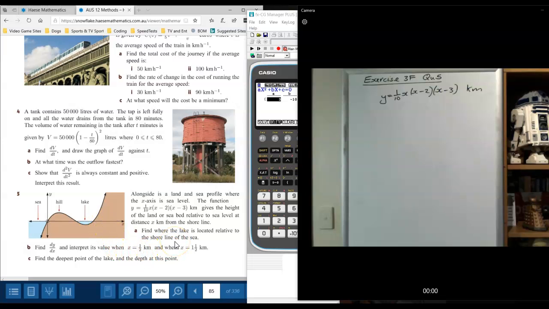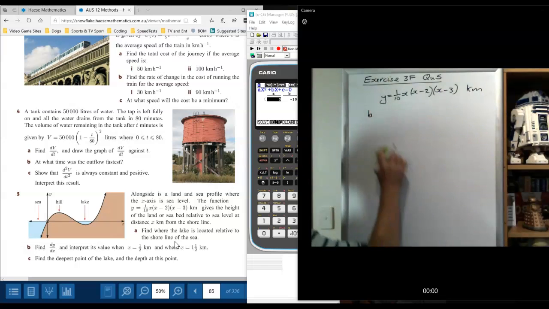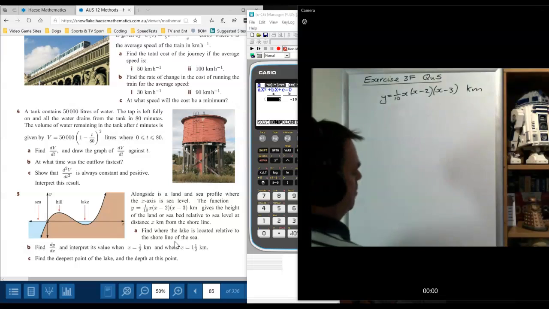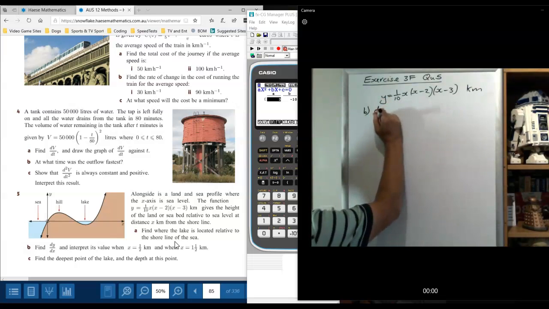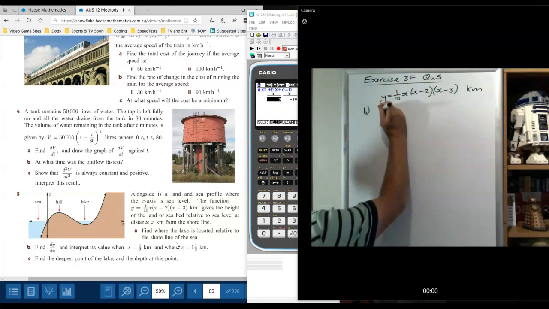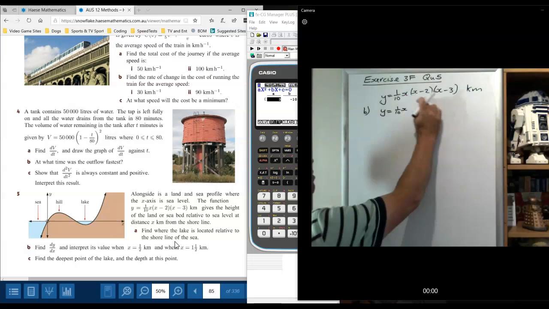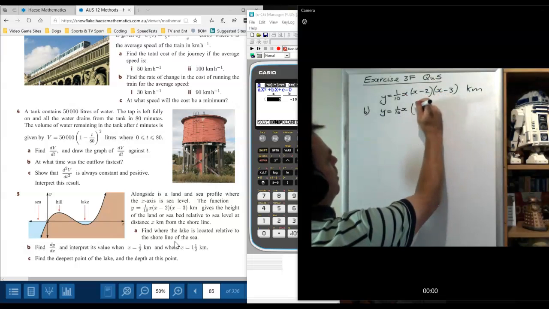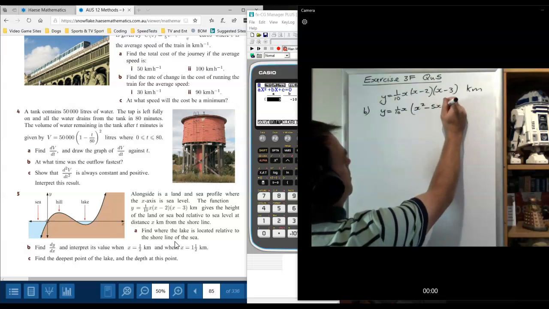So if we go on to B, which is about finding dy/dx. Now, if I write pretty small, I'll get most of this question on, but it is a bit of a squeeze. Before we go finding dy/dx, what we really should do is multiply out these brackets, because otherwise we're going to end up in a bit of a mess, because we've got 3 factors. So let's multiply these 2 out first.